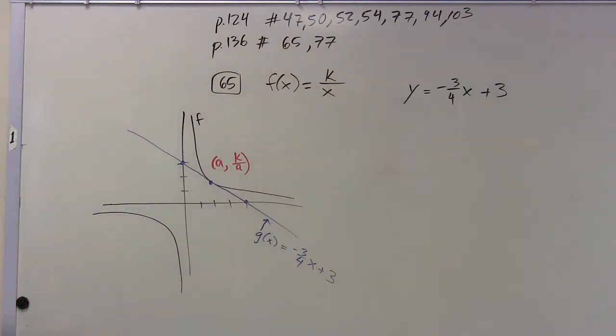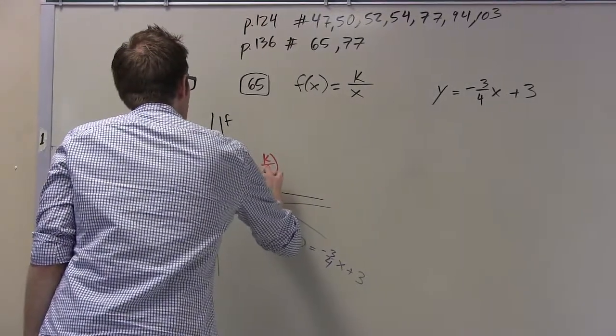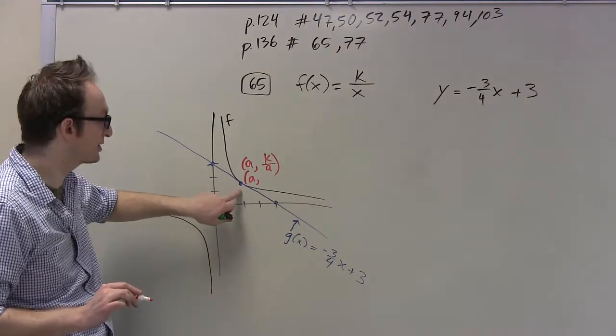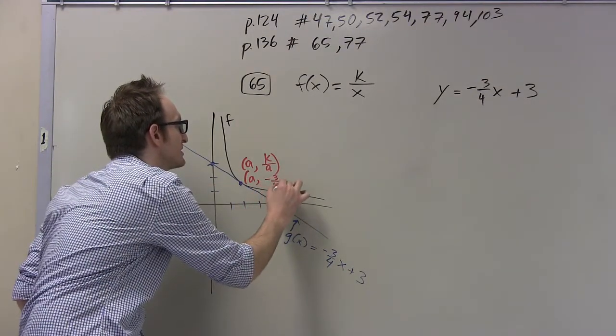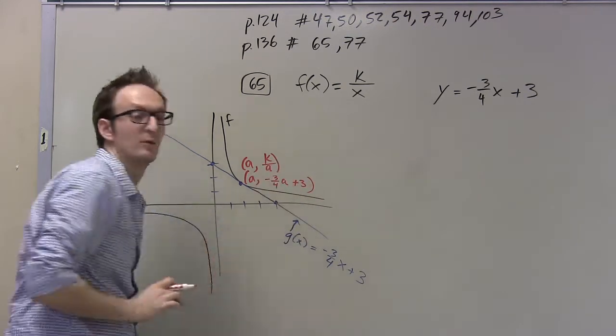Okay, now here's a crucial observation. I also know that this tangent line intersects at that point A comma f of A. So not only can I tell you that that point is A comma k over A, but that point must also be A comma negative 3/4 A plus 3. Right?